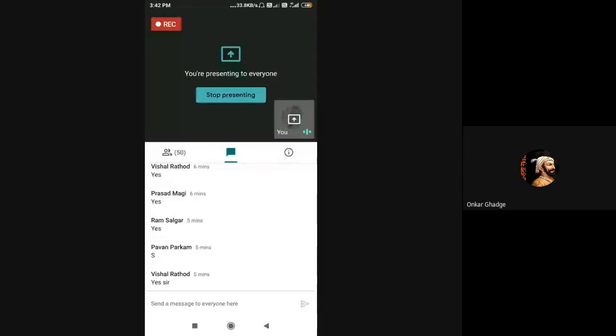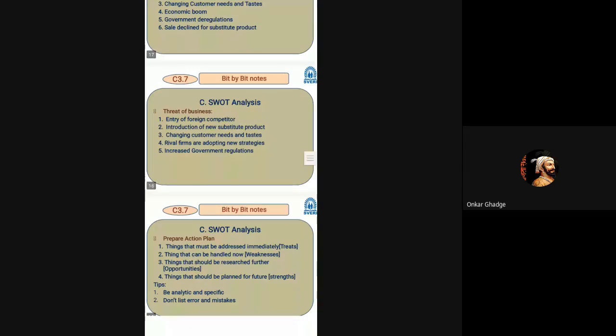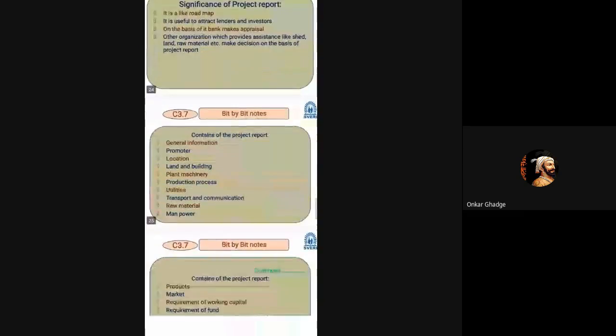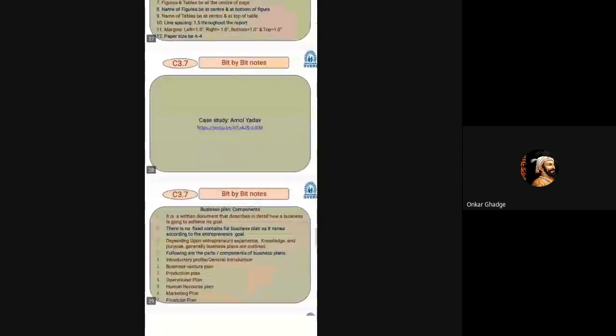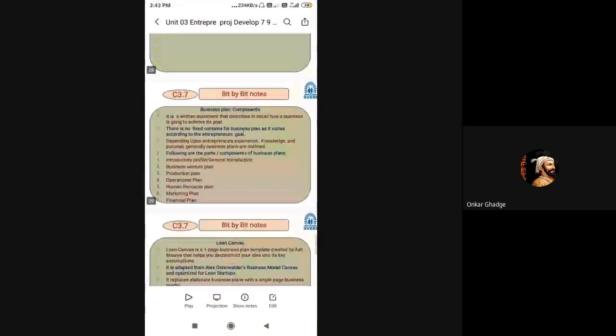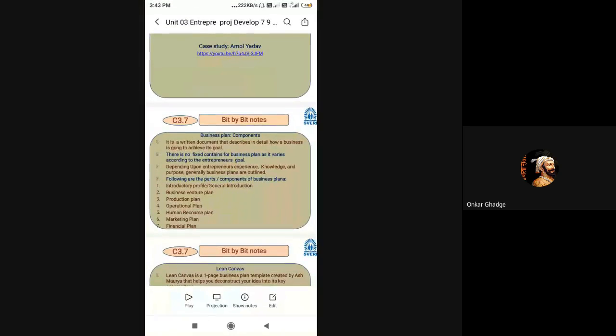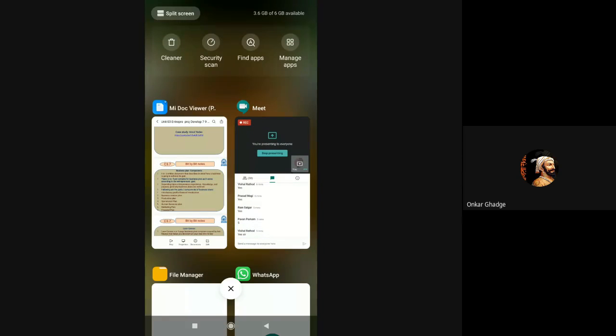I think I should present my screen from my mobile. There is too much problem of electricity, so I will share slides from my mobile. Okay, can you see my screen now?